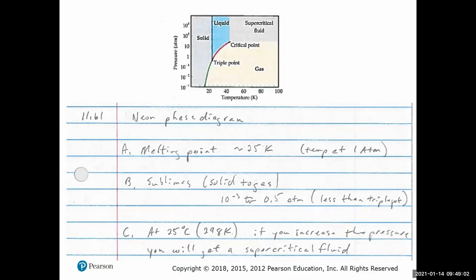That triple point, I don't know, is about 0.5 to 0.7 atmospheres, something like that. So if I keep the pressure from here down, I could draw a line across there, then increase the temperature, and I could get it to go from solid to gas.